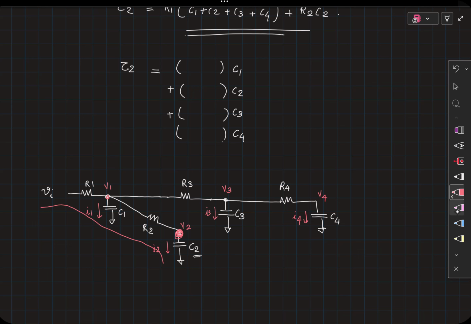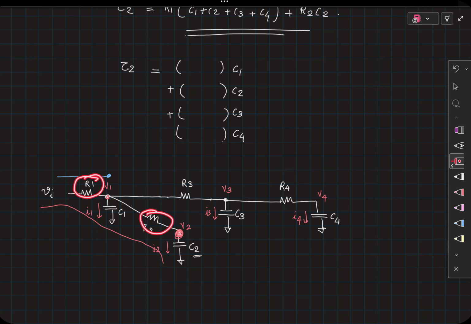Now, when you take each capacitance, we'll take one capacitor at a time, you have one more path, that is from input to the capacitor being considered. And you look at all the common resistances between the two paths. In this particular case, the common resistance is only R1. So when I'm looking only for C1, the common resistance is only R1, right?